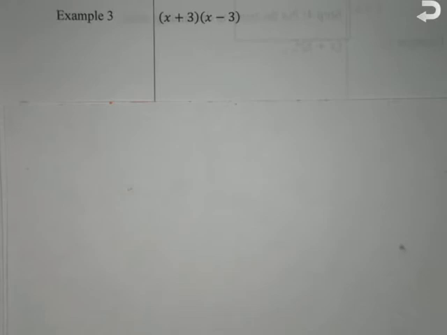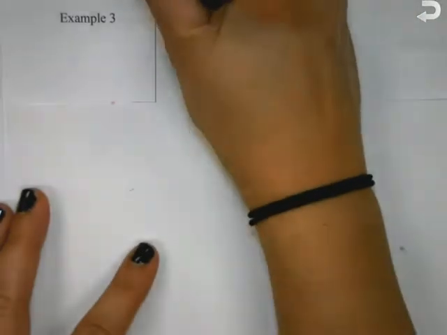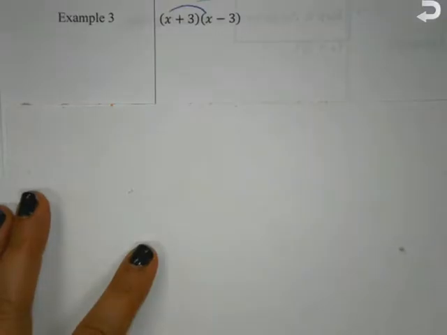Okay, I'm going to use FOIL because it looks like a majority of us used FOIL. I'm going to go through this quickly because I want to move on to more difficult problems. The F stands for first, so x times x gives me x squared.